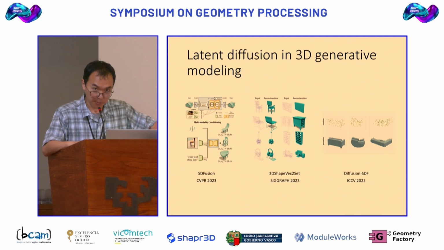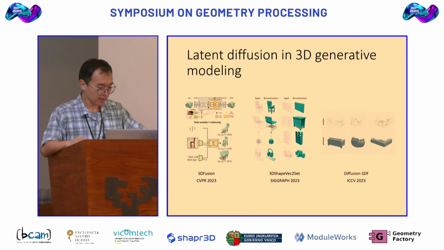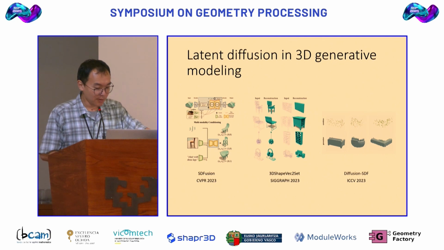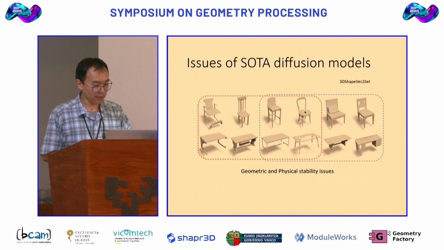About 500 papers in the 3D community follow latent diffusion. Of course, there are other reasons, like efficiency. This is appealing, because now, if we run 3D shape generation, I think this representation is still widely used.